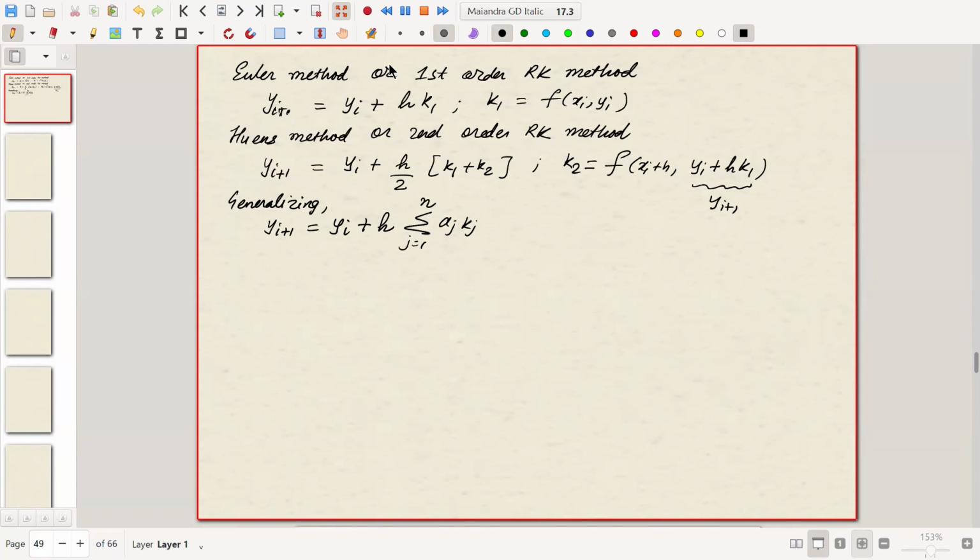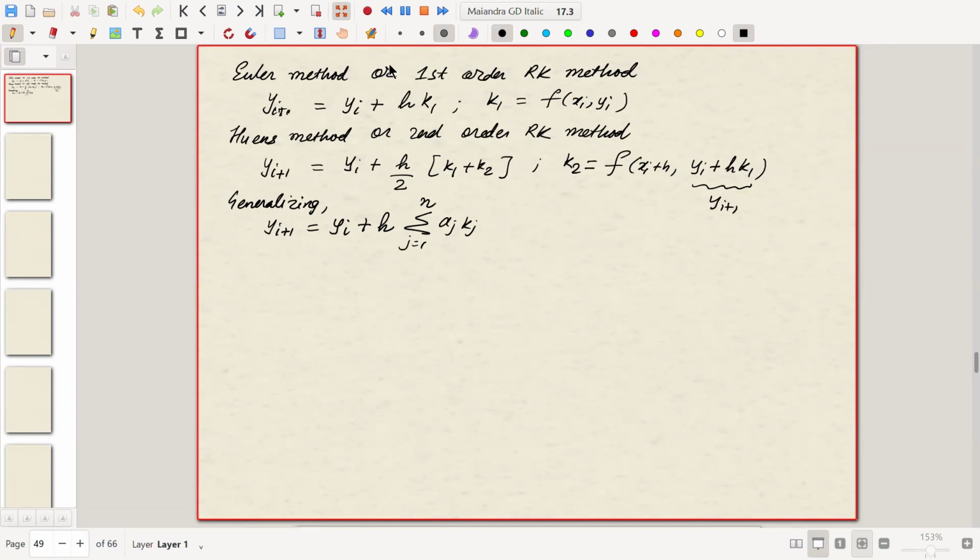And in front of that, some constant is being multiplied with the K_j's. If you see above, h by 2 was getting multiplied with K1 and K2, while in the first step you got h. So the constants are differing. Therefore I have generalized using a_j times K_j.